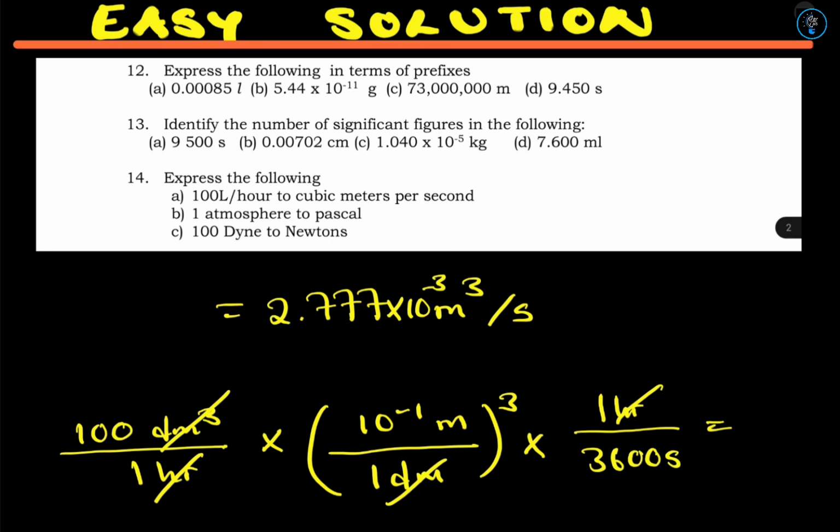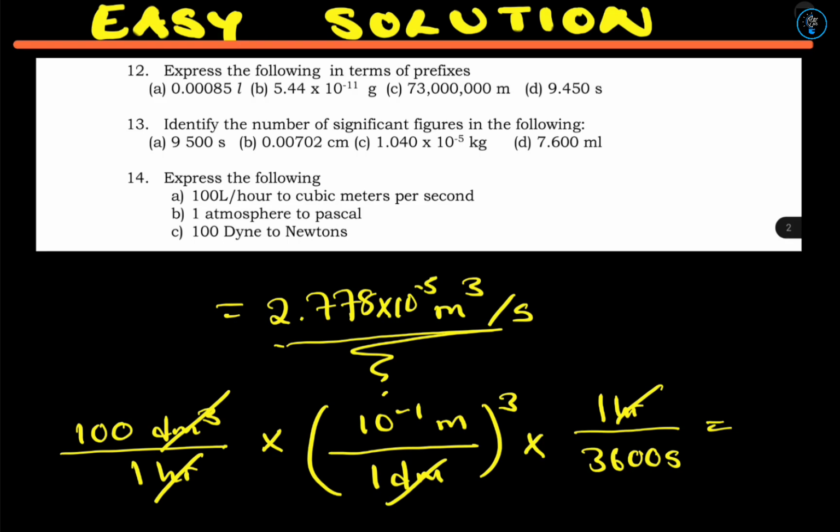Okay, I've made a mistake. It's 100 times 10 to the power negative 3, then divided by that value. So it will be 8 there times 10 to the power negative 5. This must be your solution for A.